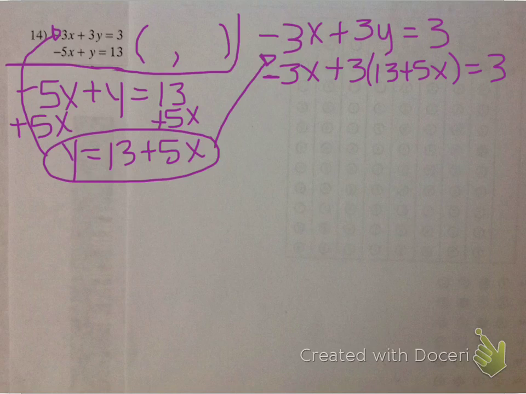Okay, now I can go ahead and simplify. Remembering my PEMDAS, I'm going to start with parentheses, P for parentheses. Nothing I can do with the 3x yet, so I'm going to copy it down so it doesn't get lost.